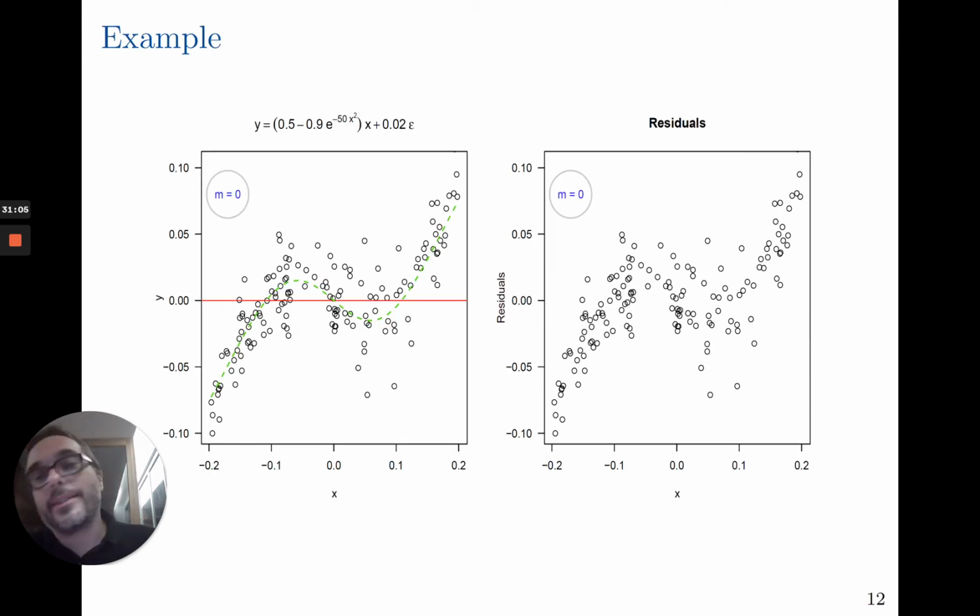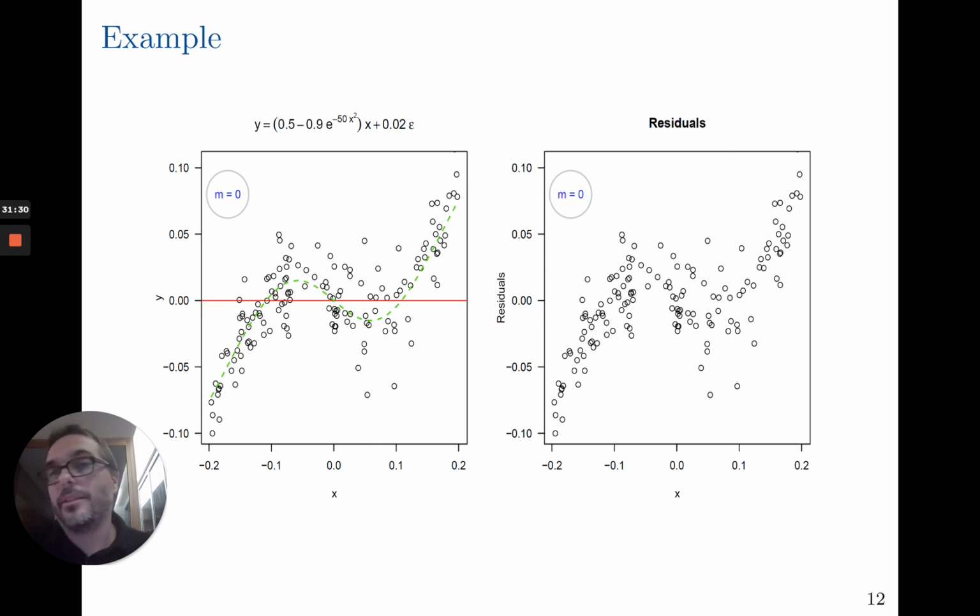So let's look at an example. Here we have a nonlinear model, which is written on the top of the plot. We start with iteration 0, so it's just a constant fit, it's the average. That's the red line that you see on the plot. The true model is the one that you see with the dashed green curve.